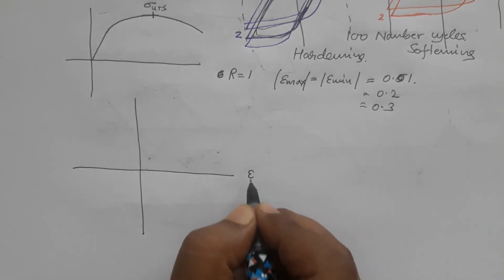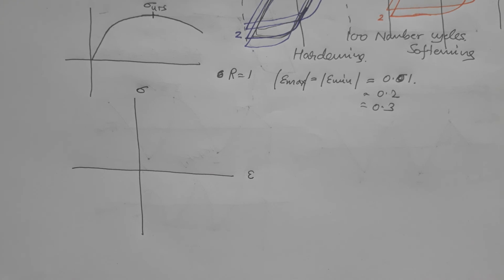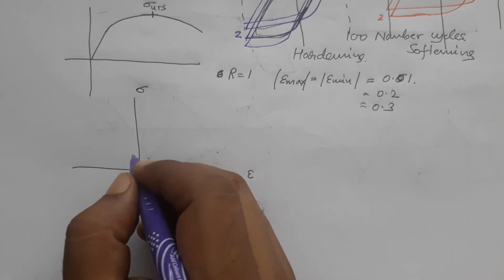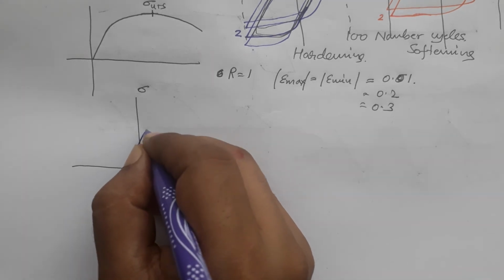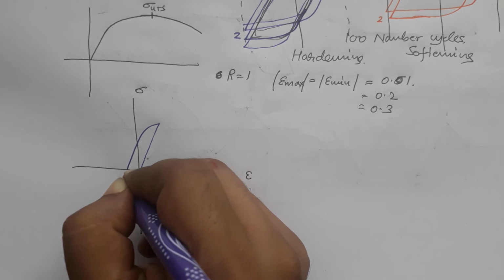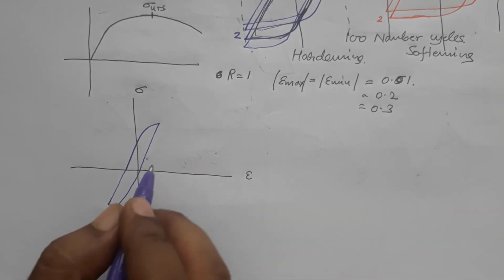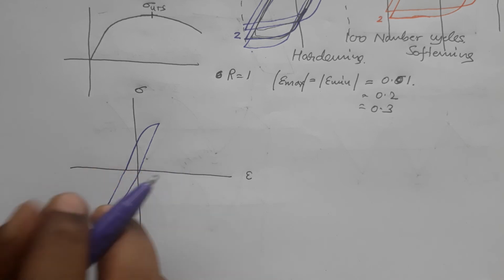So this is again my strain axis, this is my stress axis, and what I have done is, I have taken different stabilized hysteresis loops for different amounts of strain. So this is shifted from the axis.